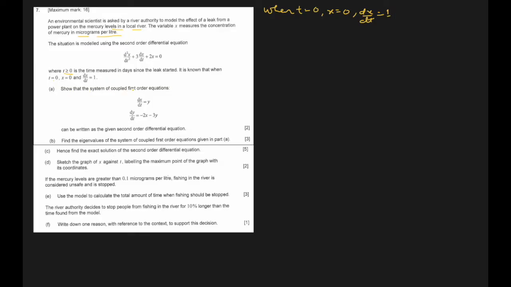Show that the system of coupled first order equations can be written as the given second order differential equation. Since they have already declared dx over dt is y, if we differentiate this y again with respect to t, dx over dt will become d square x over dt square, and y will become dy over dt.